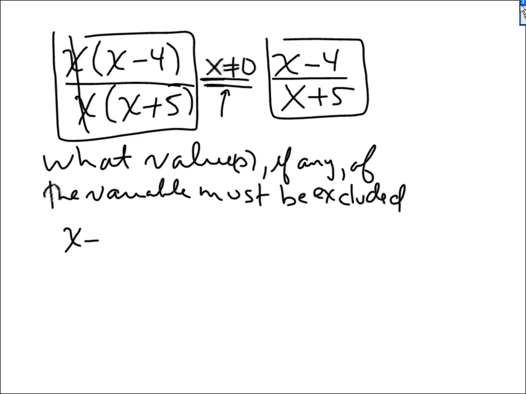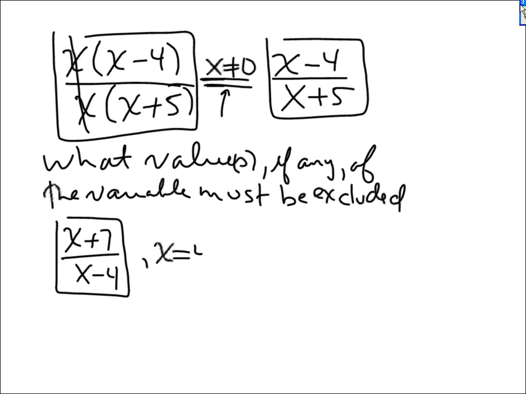You have x plus 7 over x minus 4. Which value must be excluded? That is, for which value of x, if any, will this be nonsense? And you immediately go to the bottom. And you say the bottom is 0 when x is 4. That's the value that must be excluded.